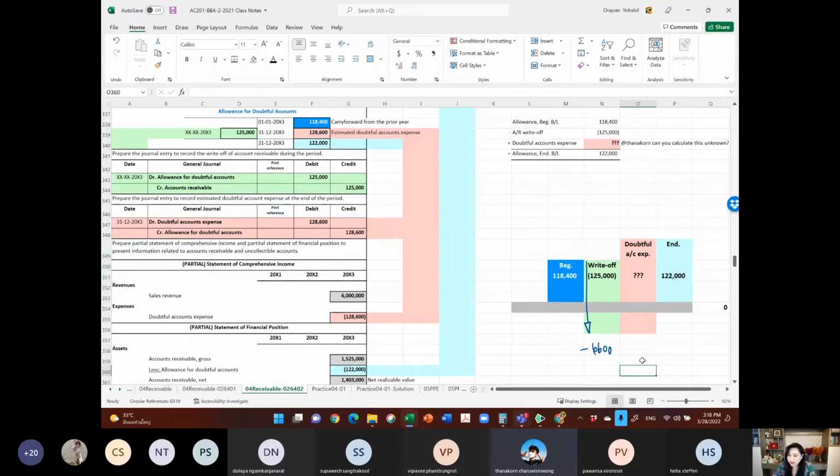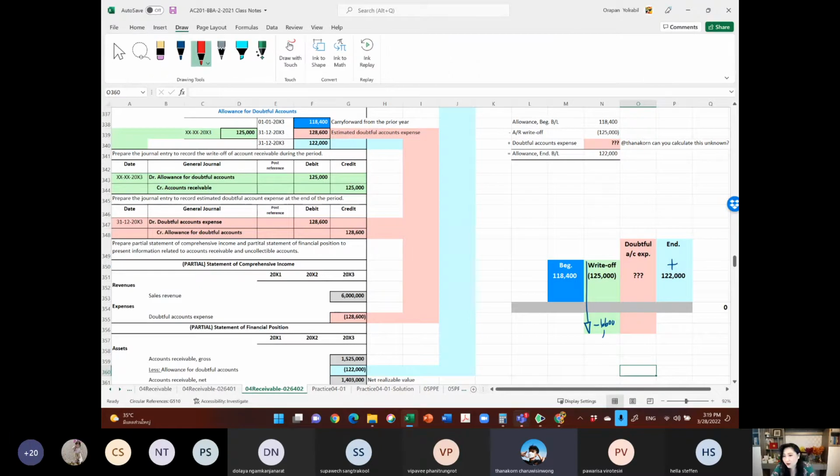So right now, let's say that you have negative 6,600. But at the end, you want the balance to be 122,000 positive number. So my question to you is, how much do we need to increase the balance of the allowance so that we have 122,000 at the end of the year?